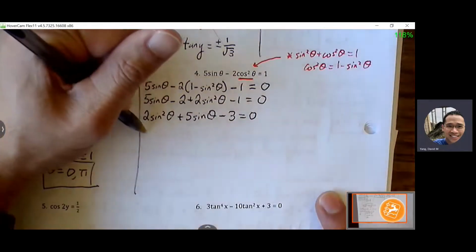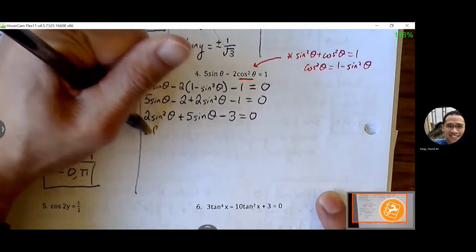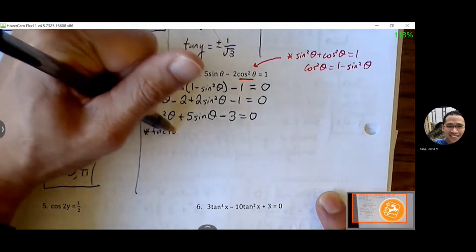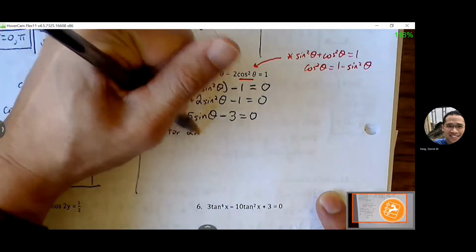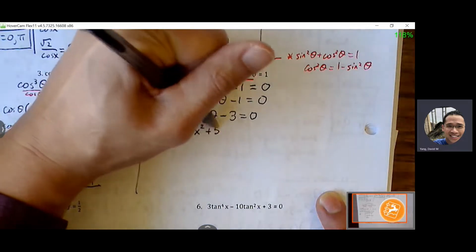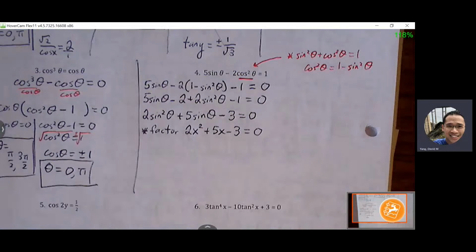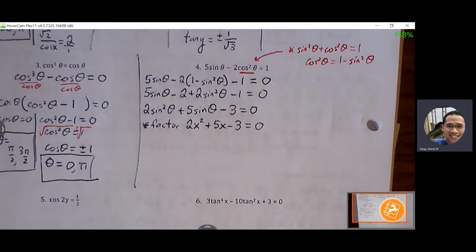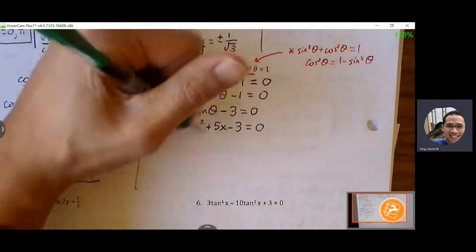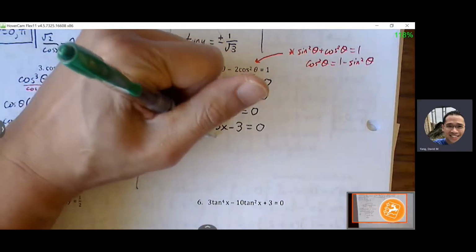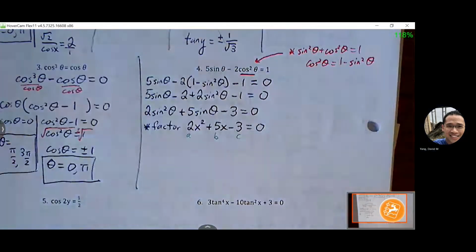Why don't we factor in terms of x, then we can bring sine back in. So star method, if that's the method that you use, you have your A, B, and C value.